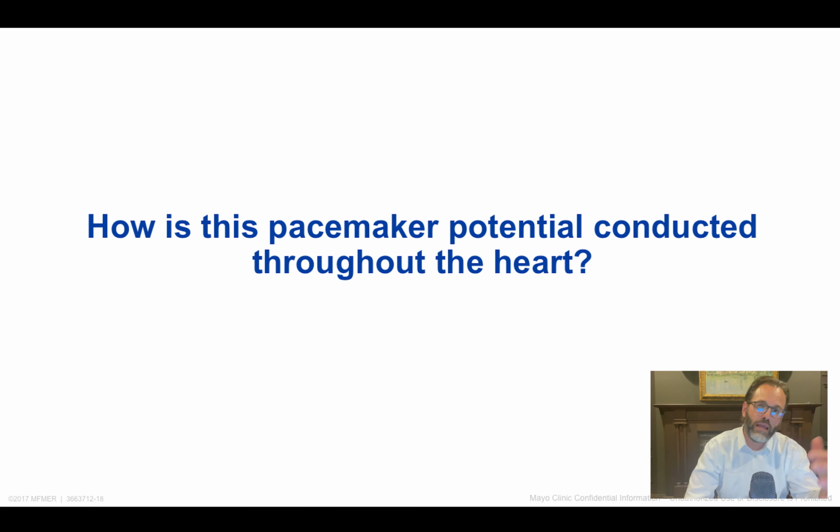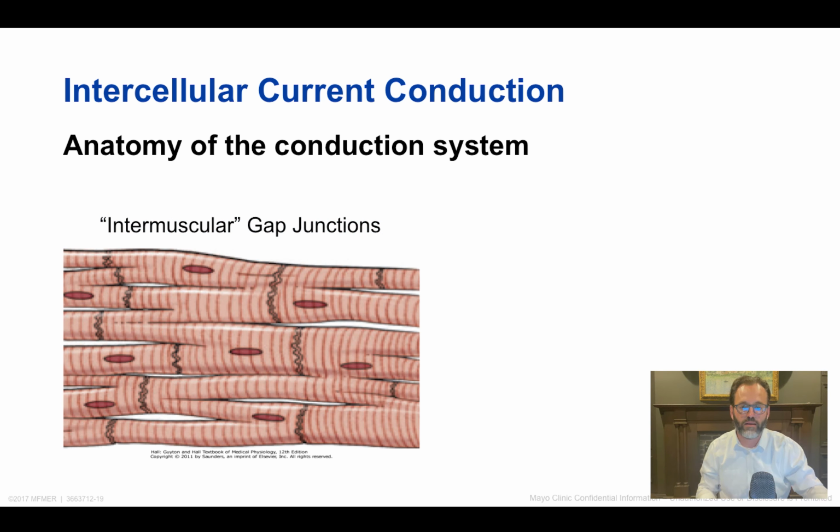So now, once we have this action potential that's being initiated and conducted and carried through the cardiac system, the next question is, how is this pacemaker potential conducted through the heart and the cardiac tissue? Largely this is done via intermuscular gap junctions. You can see here that connecting all of these cardiomyocytes are these gap junctions.